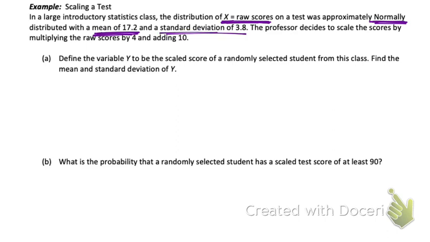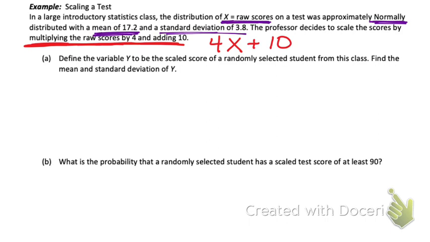If the professor decides to scale the score by multiplying the raw score by 4 and adding 10, here's what we would do. We would take the raw score of X, multiply by 4, and add 10. That's how we would scale this. That is the transformation equation.